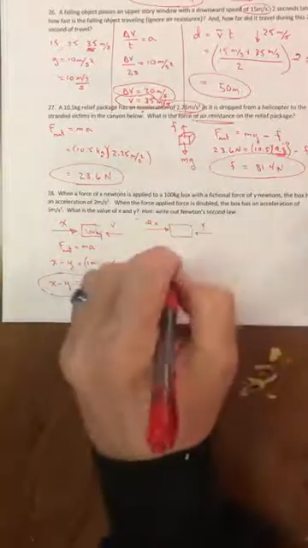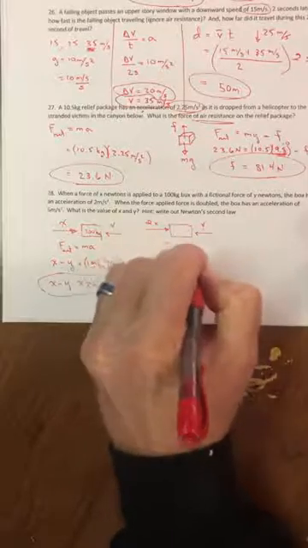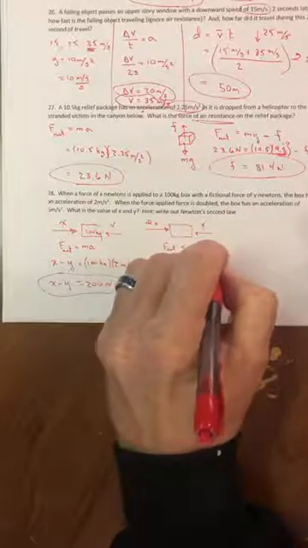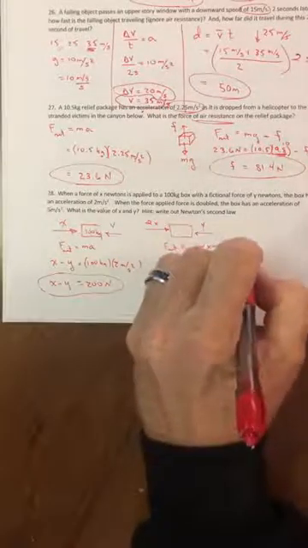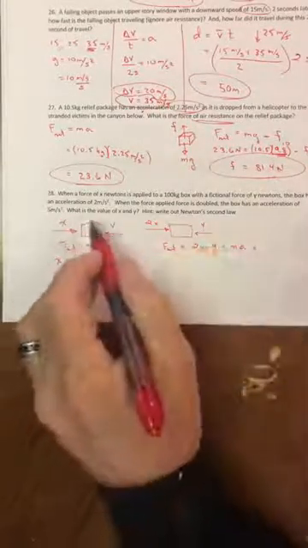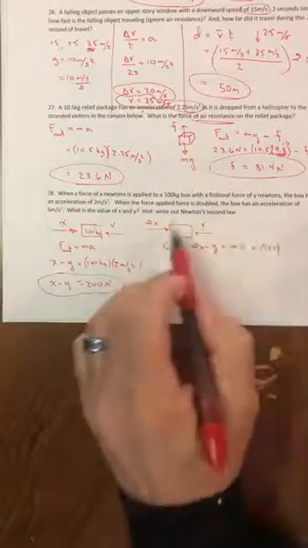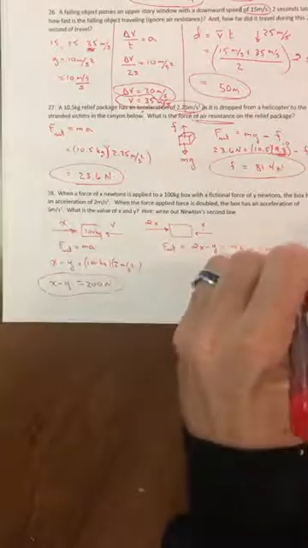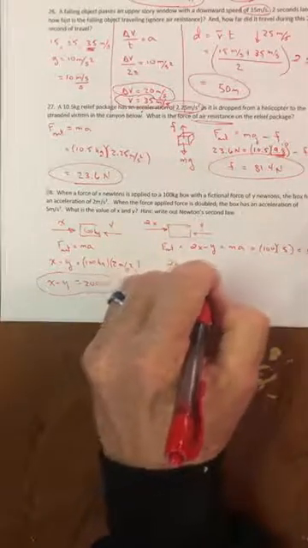And we would have then a net force of 2x minus y. And that would equal our mass times the acceleration, which in this case, the mass is still 100. And they say we get an acceleration now of 5. So that's 500. So we have an equation that says 2x minus y is 500.